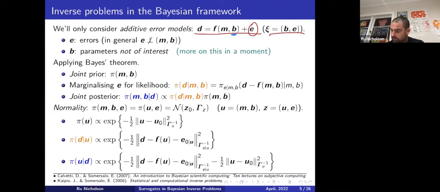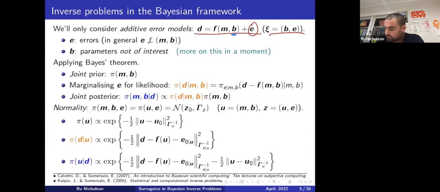So in general, the noise is not independent of the parameters, and that's actually a key idea when dealing with the model error or approximation errors that we're going to consider in a moment.